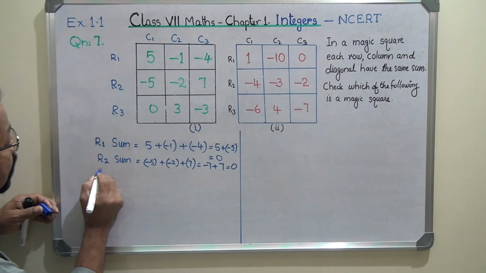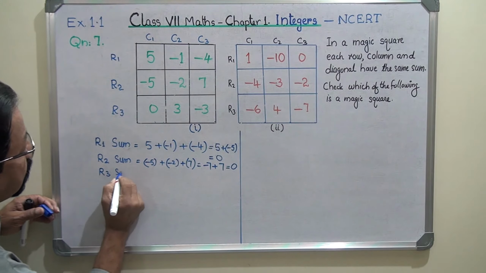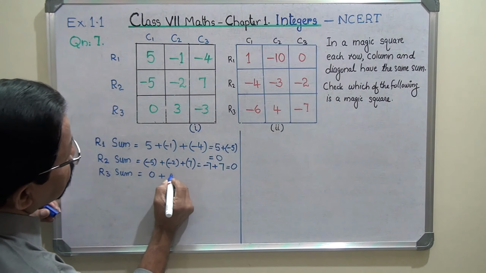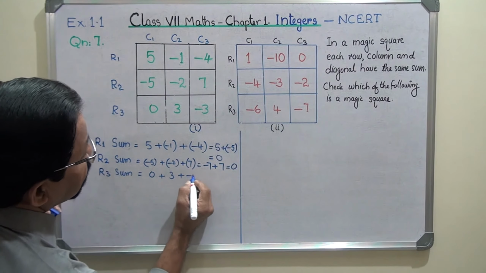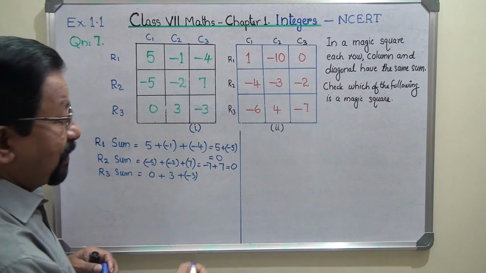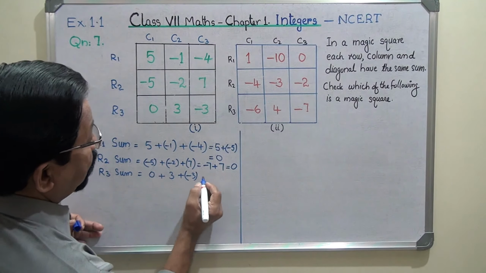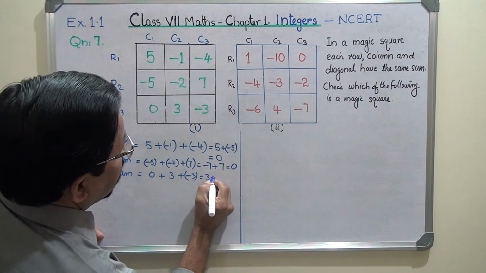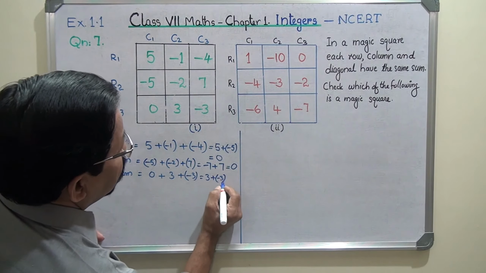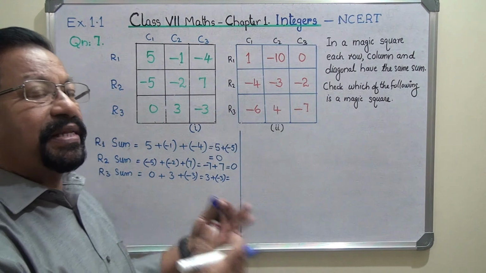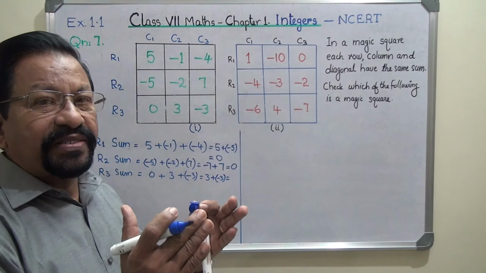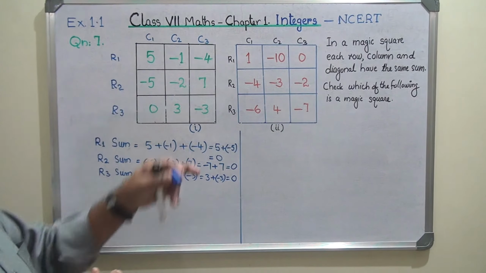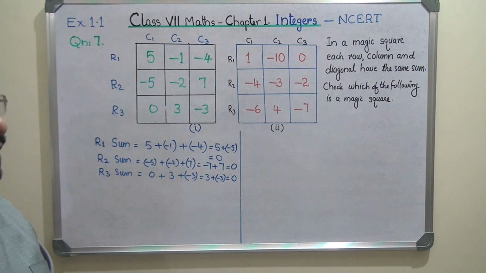R3 sum equals 0 plus 3 plus minus 3. That is 3 plus minus 3, plus 3 minus 3. The difference is 0, no sign for that. Again 0. For all 3 rows, the sum we got is 0.